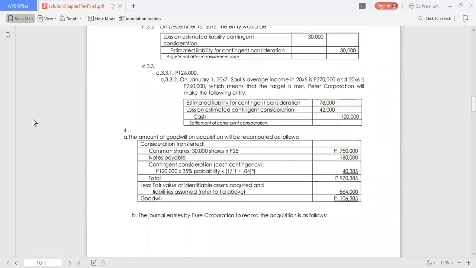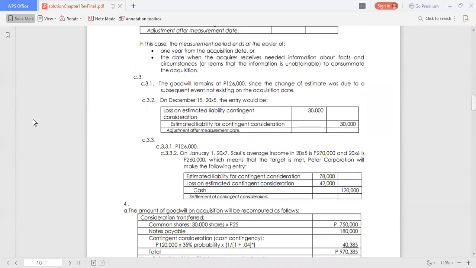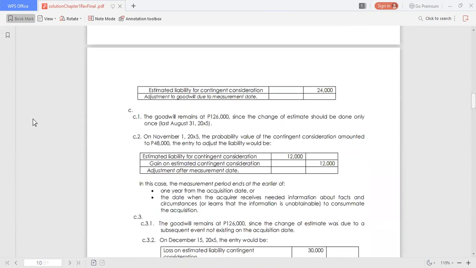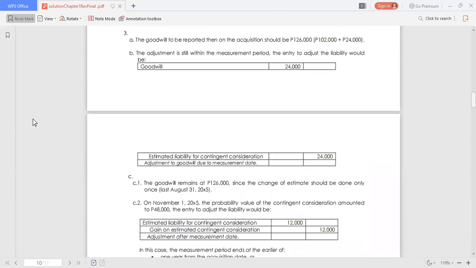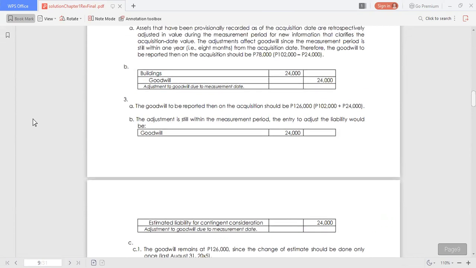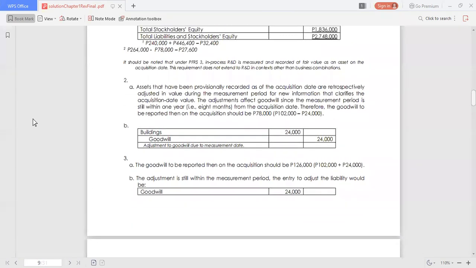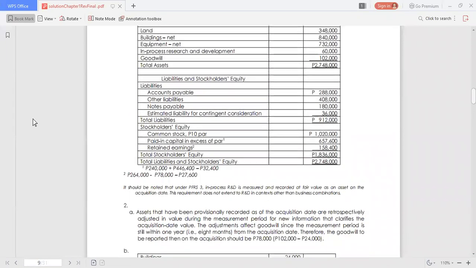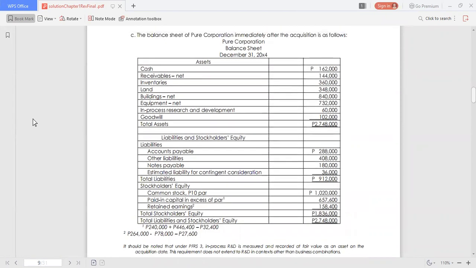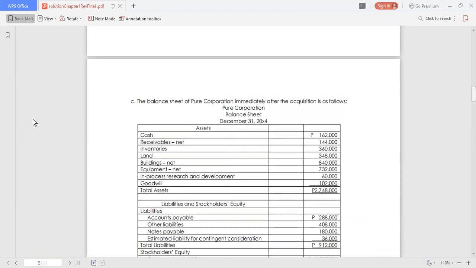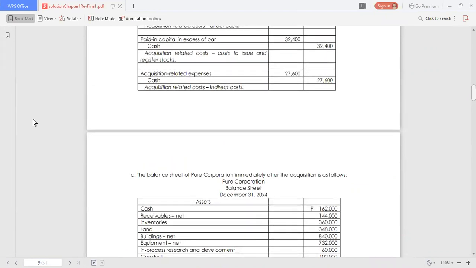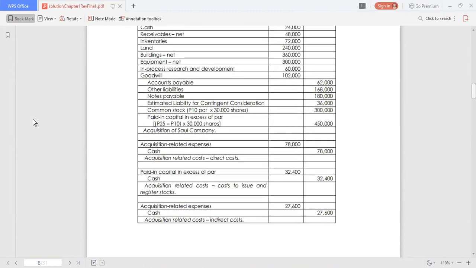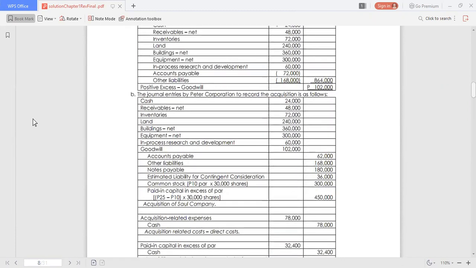Let's begin with requirement number 1 with sub-requirements. Requirement number 1 for problem number 5 has sub-requirements A, B, and C.